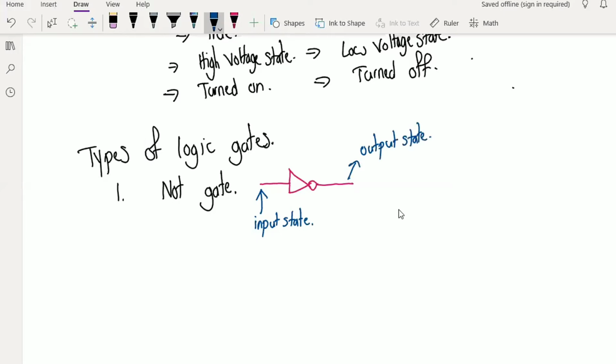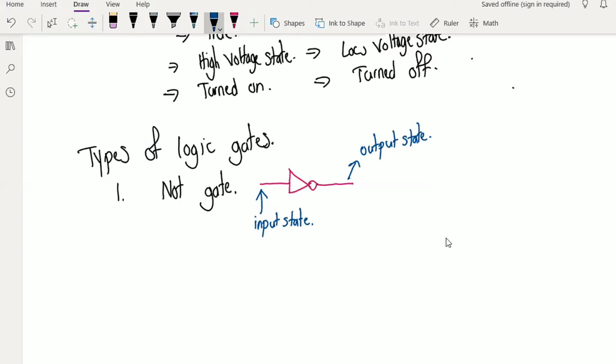Here's something we must appreciate about logic gates. They take an input state or signal and they process it and turn it into one single output state. The NOT gate has only one input state. In fact, it is the only gate that has just one for the 5 that we will discuss.